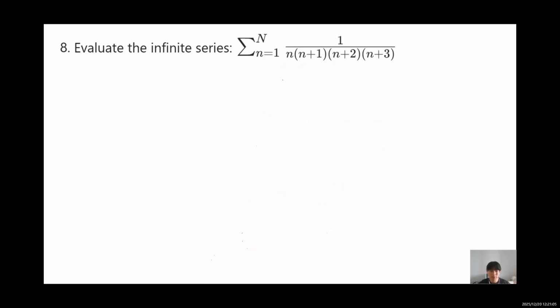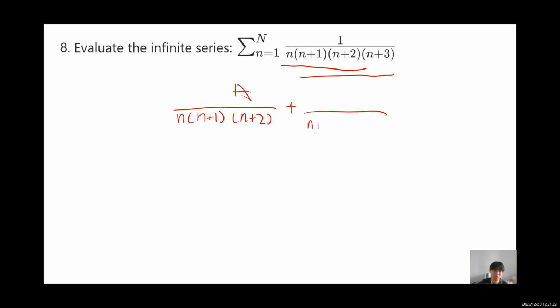What if we choose this? n plus 1, n plus 2, a over a plus n plus 1, n plus 2, n plus 3, b over a. It seems a bit complex, but let me tell you, it is quite easy. It's just a check. You needn't write it on your paper.